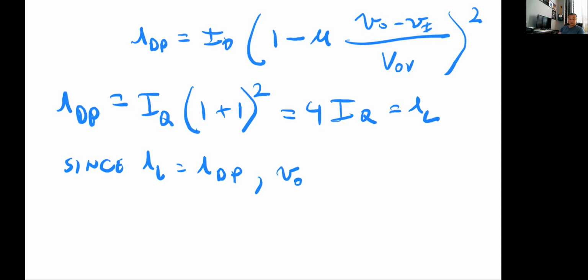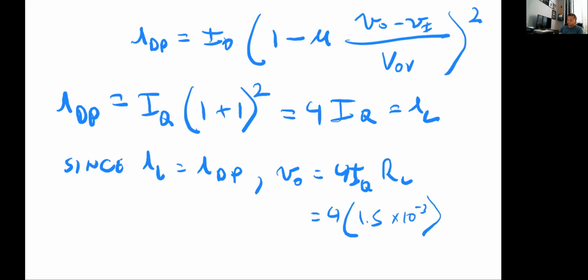Then the output voltage across the load is going to be 4 IQ times the load resistance, and that is 4 times 1.5 times 10 to the minus 3, because we're going to express the load resistance in ohms, not in kilo ohms, so we have to express IQ in amps, so 1.5 milliamps, times the load resistance.